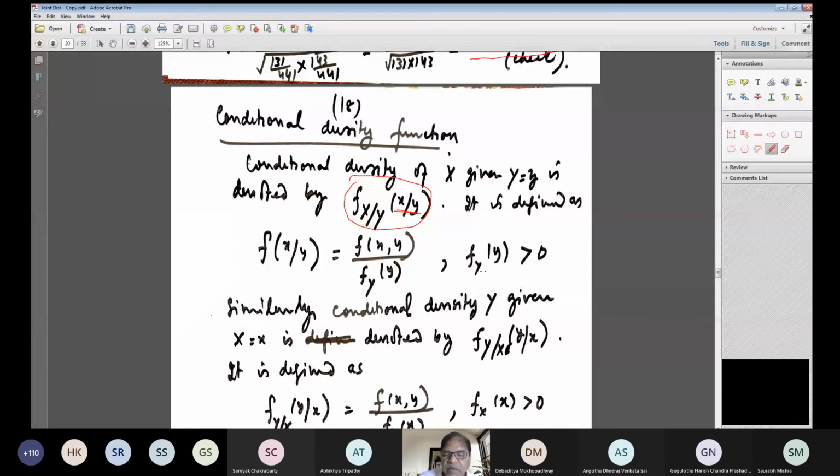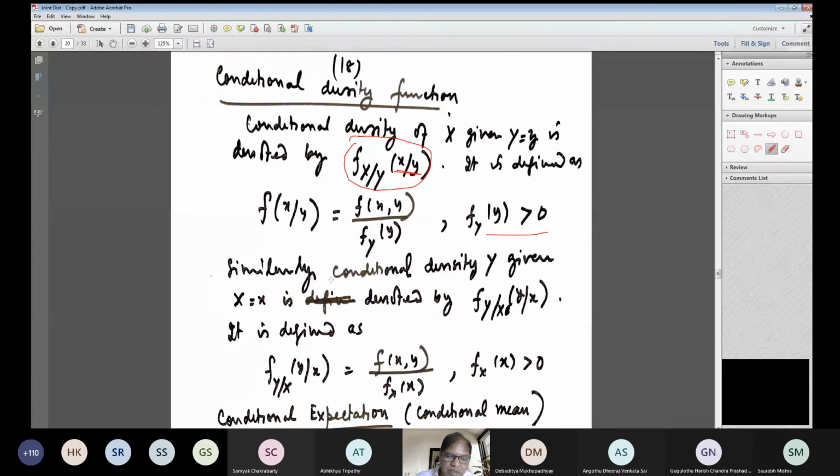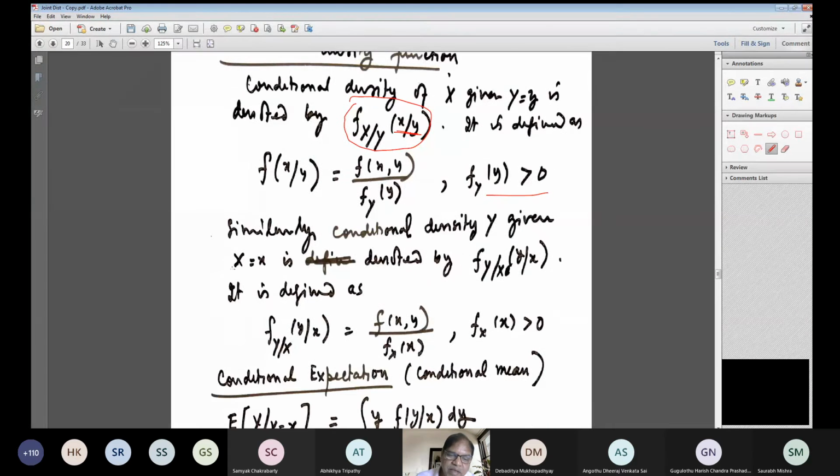And fy has to be greater than 0. Similarly, the conditional density function of y given x. This was the conditional density function of x given y equal to y. Here it is the conditional density function of y given x equal to x. So again it is fxy divided by the marginal of x.